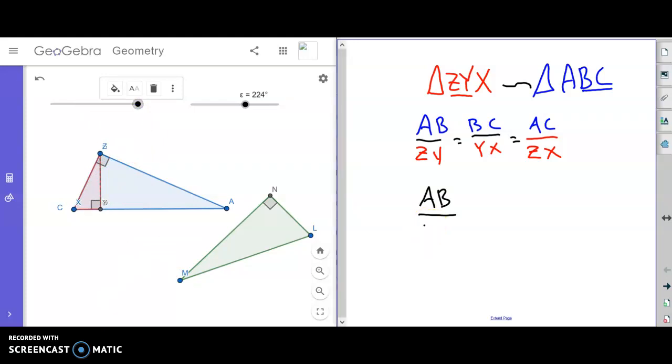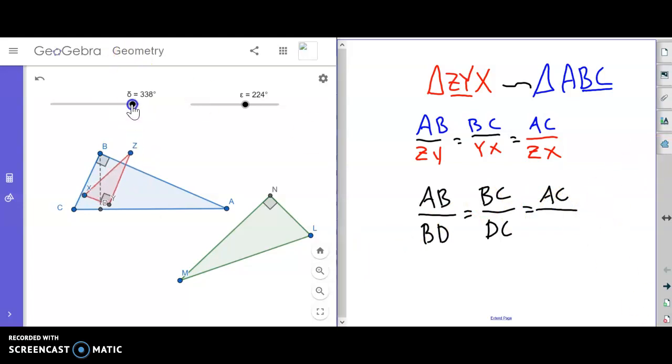So I'm going to match that up with BD, set equal to BC over YX, which is from D to C. And then my final one, AC over ZX, which is BC.